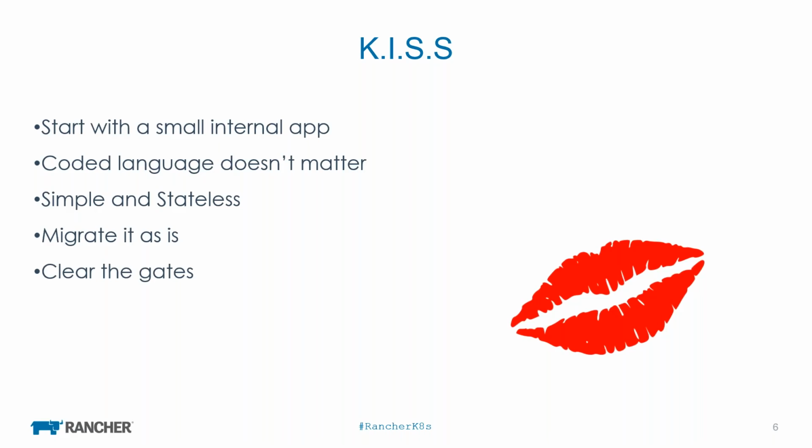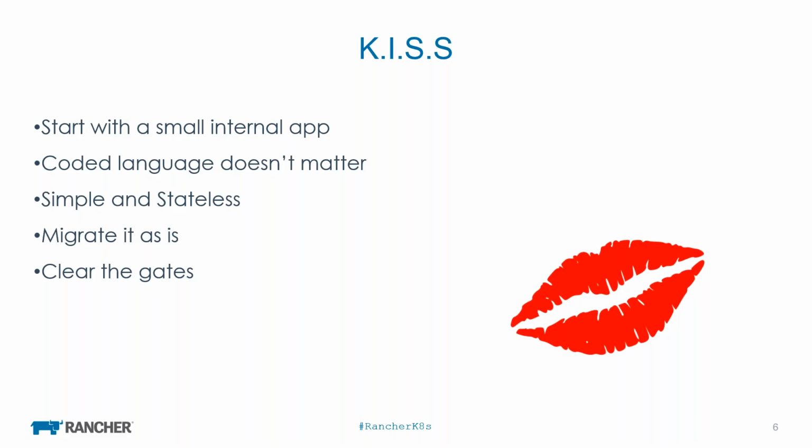Clearing the gates. This is one of the things that leads on from my last slide, and it's about the hard bits. Whenever you get a new technology into an organization, the difficult bit is always the process of getting it released. How do you put in place all of the things that you need to get from actually developing a piece of code to actually running that code in production?